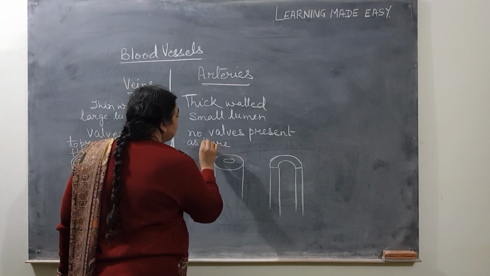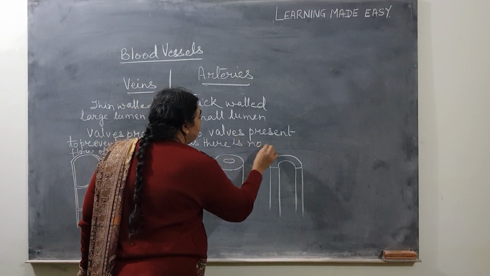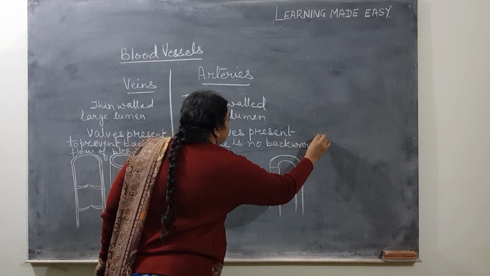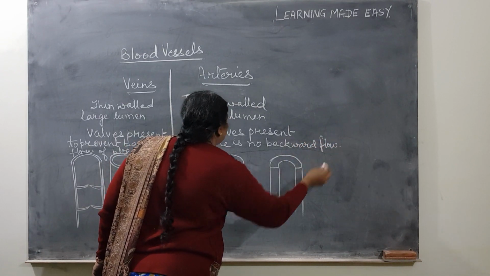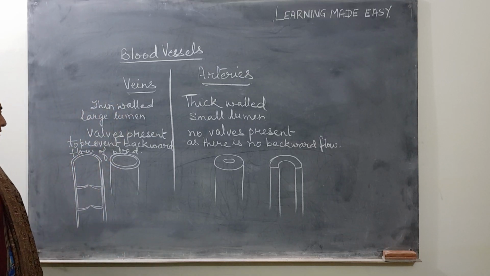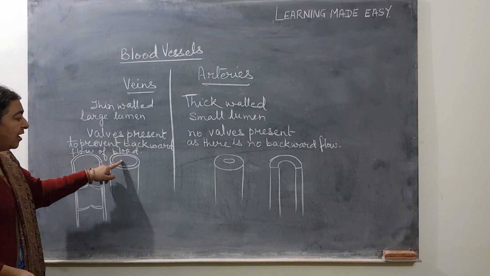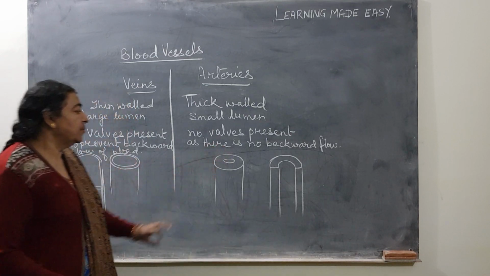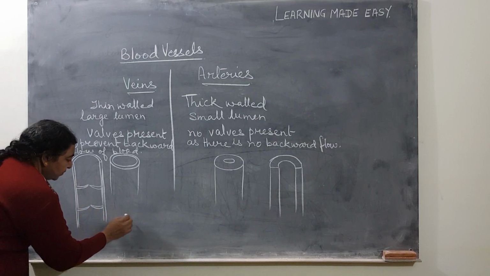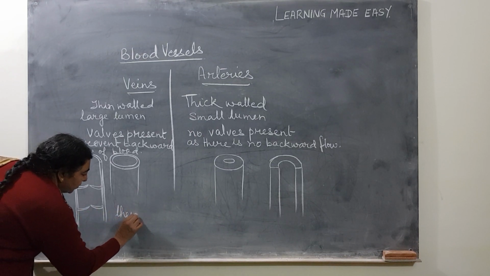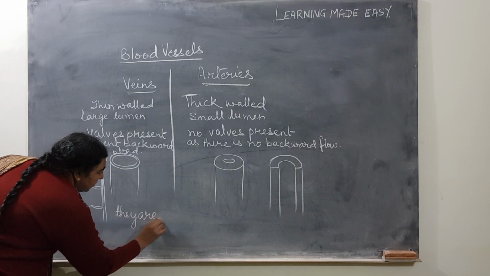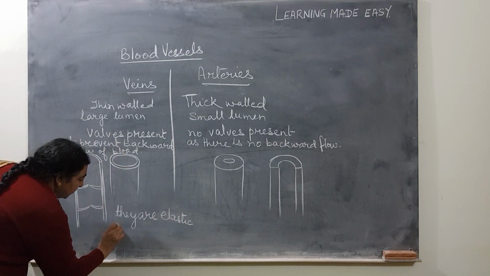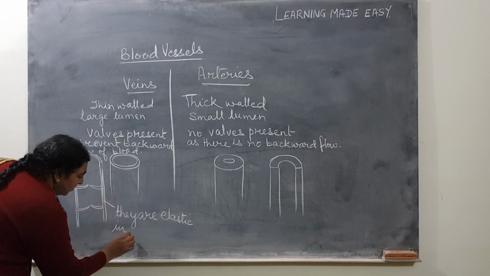As there is no backward flow, there are no valves present in it. Lumen large, thin walled; lumen small, thick walled. They are elastic in nature.